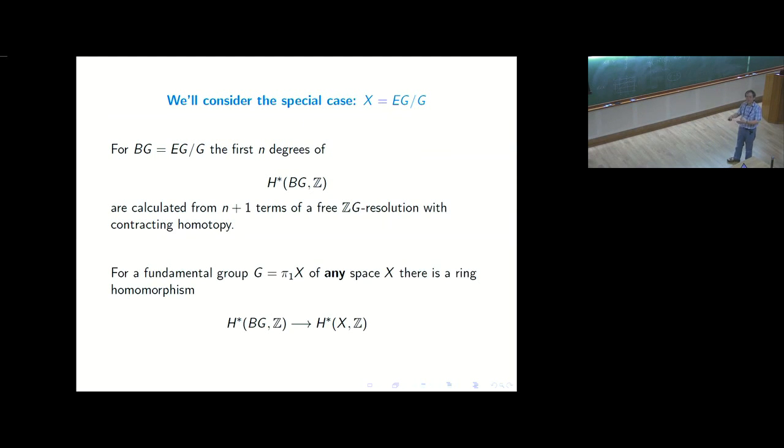Just to relate it to the applied topology example, if you take any space X, you can always take G to be the fundamental group. And then there's a map from X to BG, which on cohomology induces an arrow going the other way. So you always get a homomorphism that way, and in degrees 0 and 1, this is actually an isomorphism. So that does tell you some information about products, because this is an algebra homomorphism, a ring homomorphism.